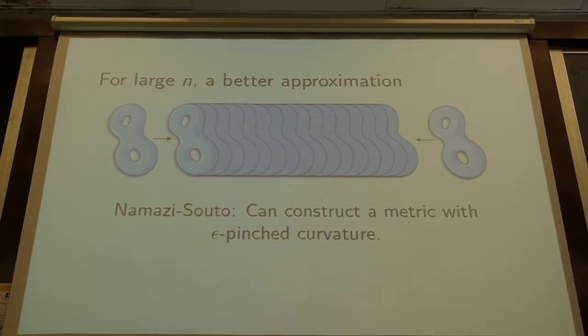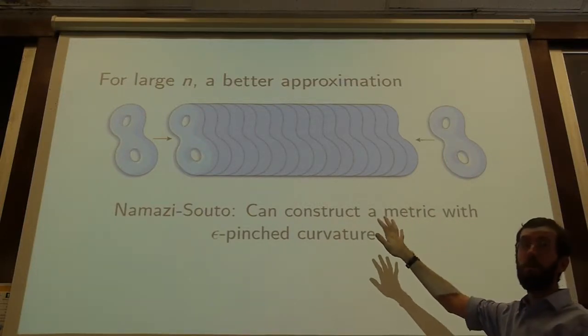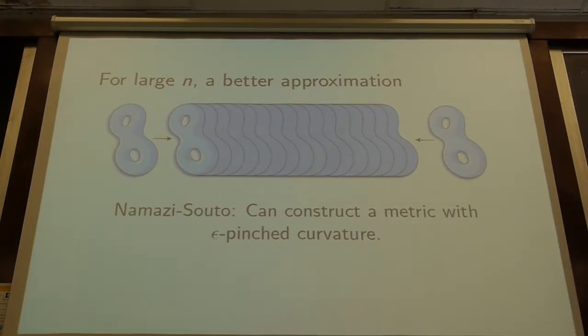But that's okay, because as n goes to infinity, most of the three-manifold is in the middle, right? Most of the volume is in the middle. And in fact, what Namazi and Souto showed is that as n gets bigger, you can actually pick a pretty nice metric on these. So it's epsilon-pinched hyperbolic curvature. They're able to very explicitly construct this metric, and it's close enough to the hyperbolic metric that when epsilon gets small enough, you know that it's basically the hyperbolic structure.